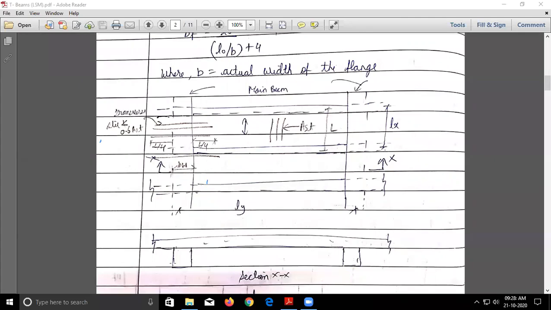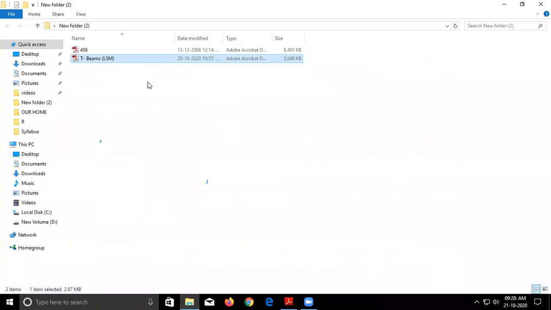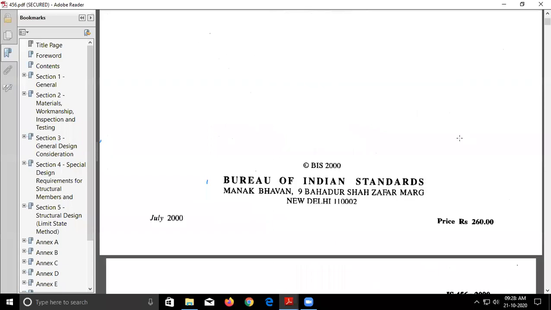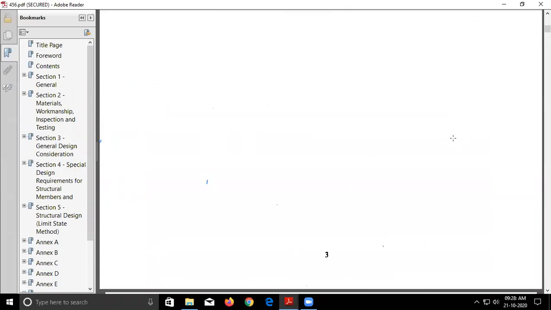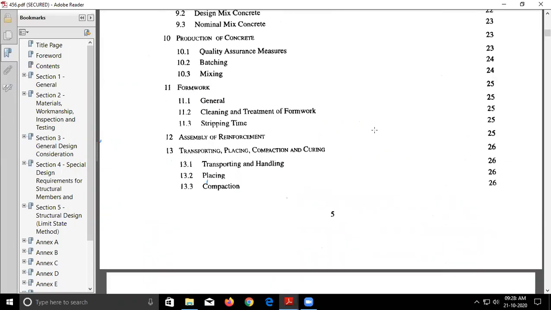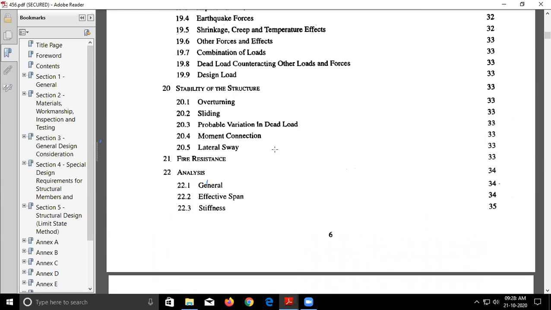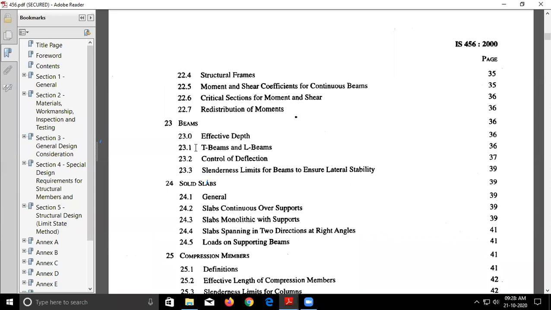So let us just see the IS code also. So in the IS code, where is it mentioned, T beams, anyone? If you see this, you will find T beam here, clause number 23.1.